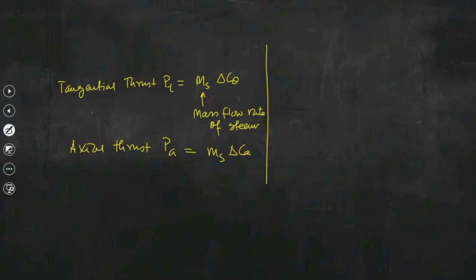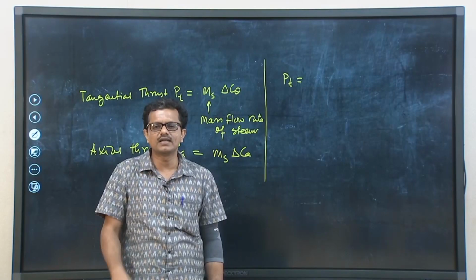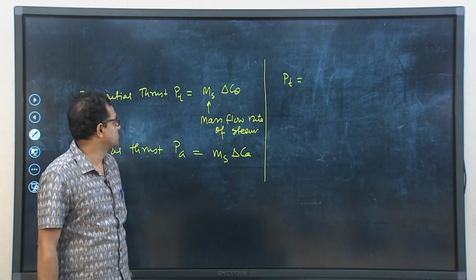So, to estimate the work output from this particular energy transfer process, Pt is important and Pa is also important, but since this component is not giving any work or energy output, it is important because the axial thrust bearing should be designed accordingly, so that this axial thrust can be absorbed. Otherwise, this particular thrust will lead to several mechanical and operational issues.